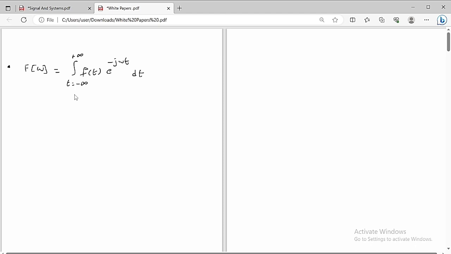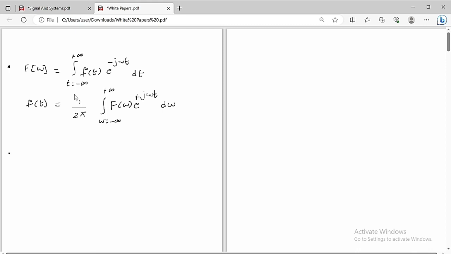This is for the continuous time Fourier transform. Suppose you want f(t), how to get it? It is very simple: 1 by 2 pi, integration of omega from minus infinity to plus infinity of F(omega) into e to the power of plus j omega t into d omega. This I have already told you, right?